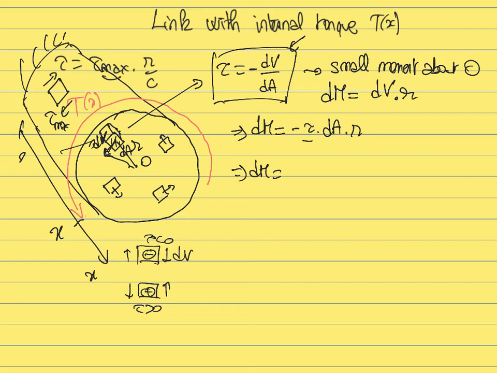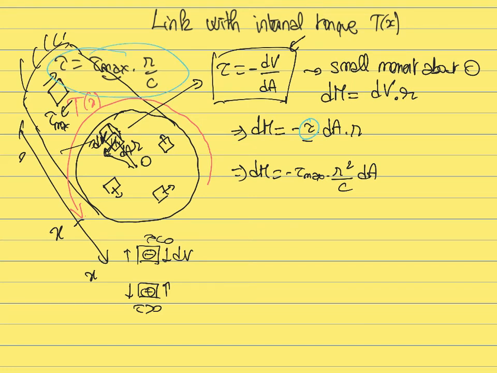It's minus tau max times r divided by c, times r, times the infinitesimal surface dA. So you have an r squared divided by c times dA. That's going to be the expression of the small moment, simply by replacing the shear stress here by this expression here.